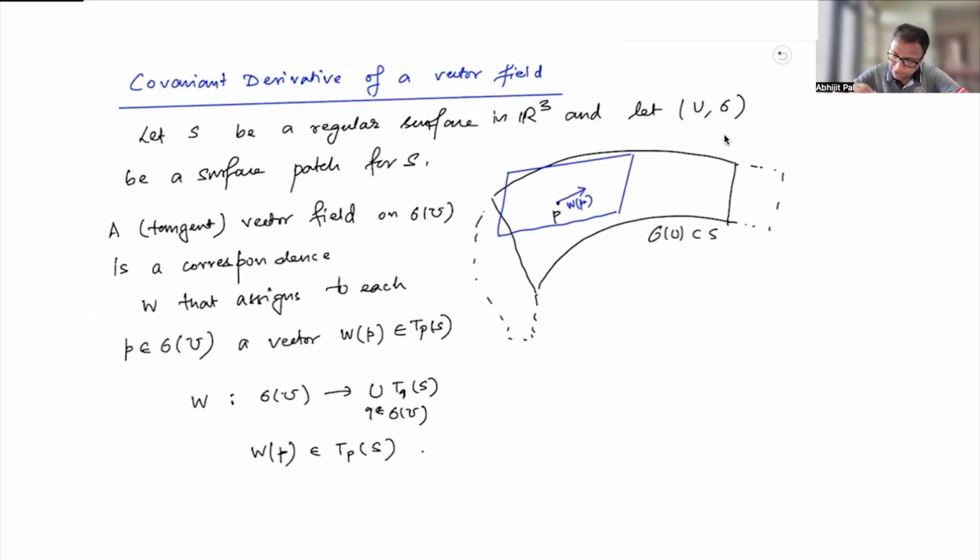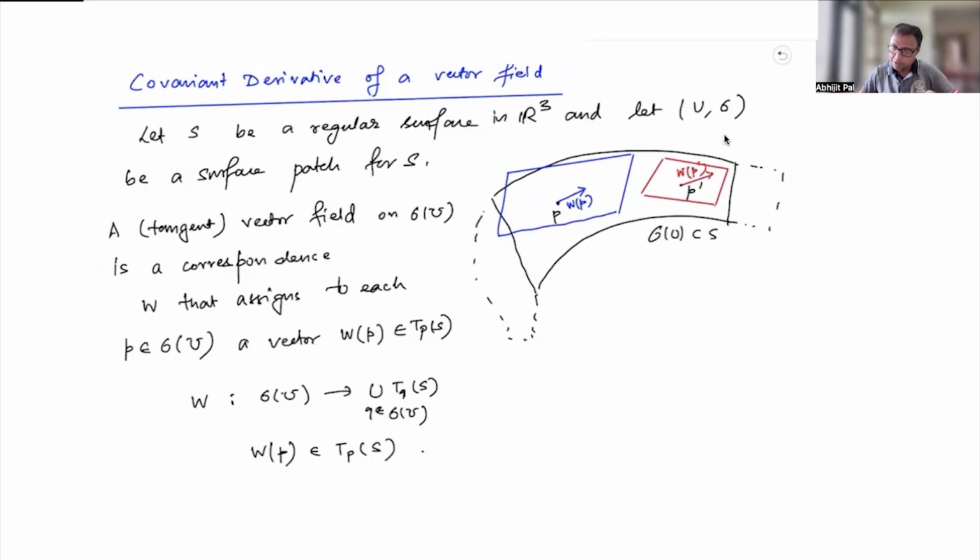And now if I vary this point P, suppose this P prime is another point here, and I take the tangent plane, and for this P prime I have another tangent vector W_P prime.